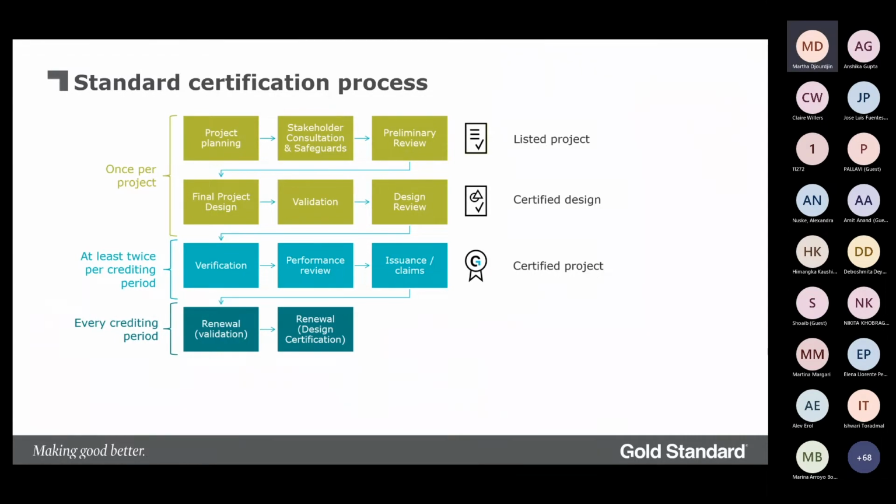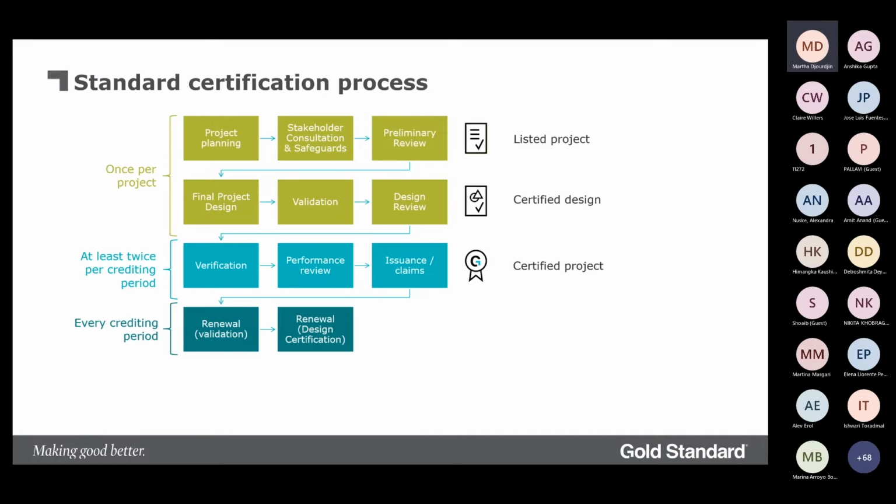Okay, as we said, we have the certification process for a typical Gold Standard project, which starts with project planning, the stakeholder consultation, and safeguards assessment we just spoke about. Then the project, once it's ready with its preliminary design, goes through a preliminary review and obtains a listing status, right?